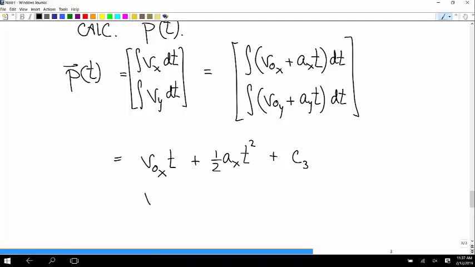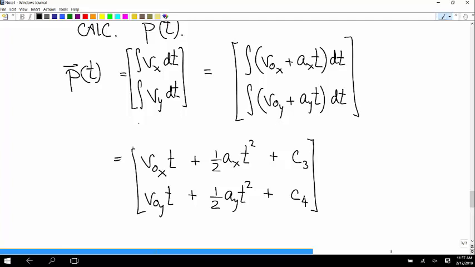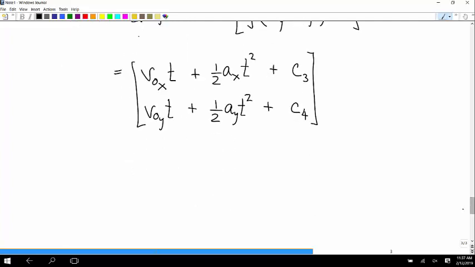And for the y component, you get V0y times t plus 1/2 ay t squared plus c4. And we're going to use the boundary conditions again to calculate those constants.